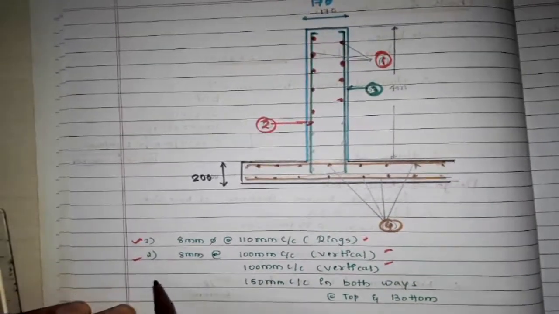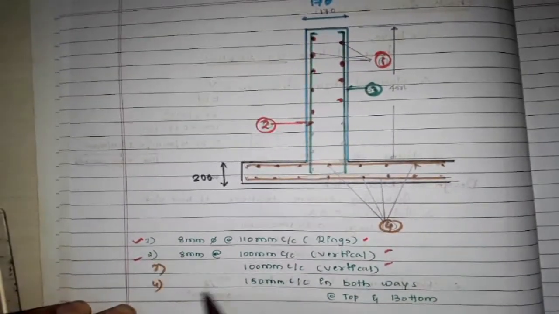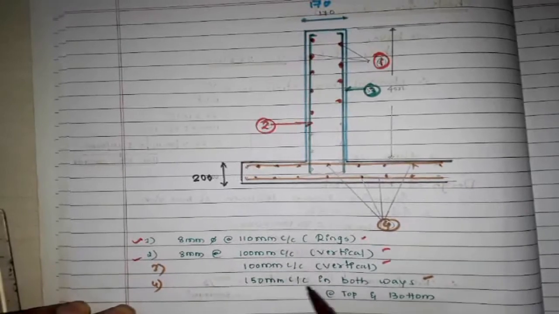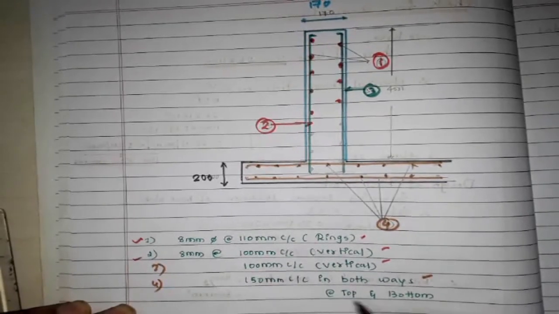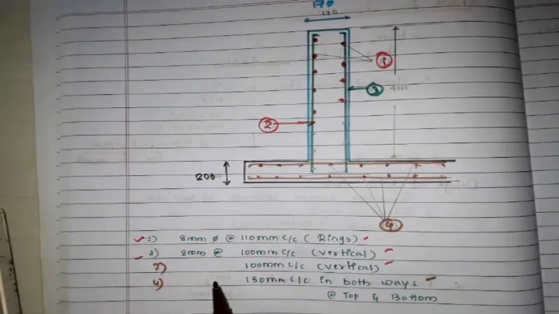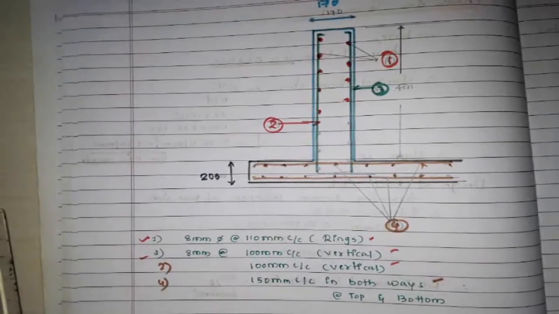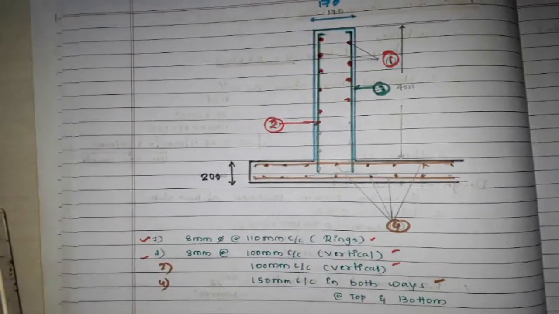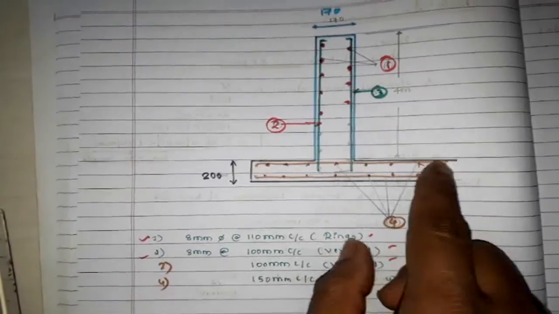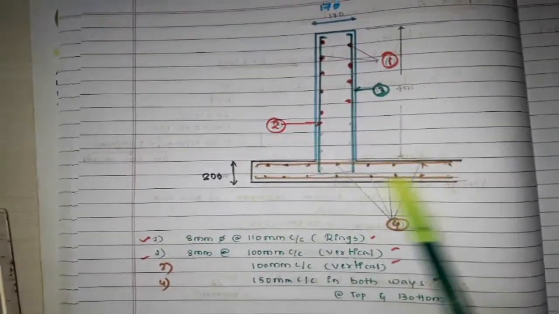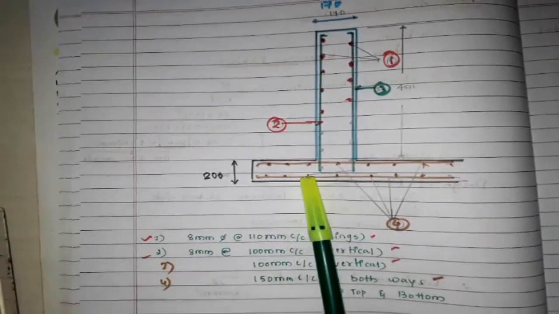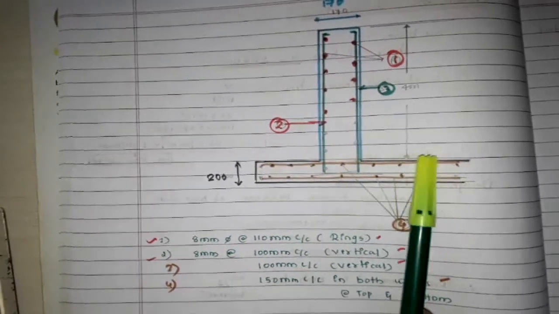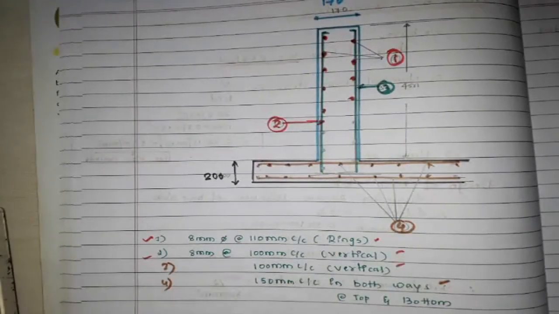Number 4 is 8 mm dia at 150 mm center to center in both ways, at top face and bottom face. All the bars are the same diameter and the same spacing.